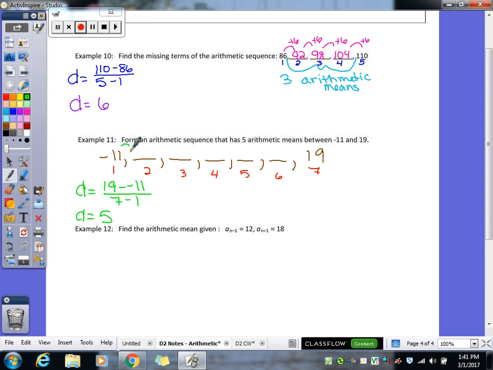So let's start adding. Negative 11 plus 5 is negative 6. Plus 5 is negative 1. Plus 5 is 4. Plus 5, 14. And then again, just to check, 14 plus 5 gives us our 19, so we did it correctly.